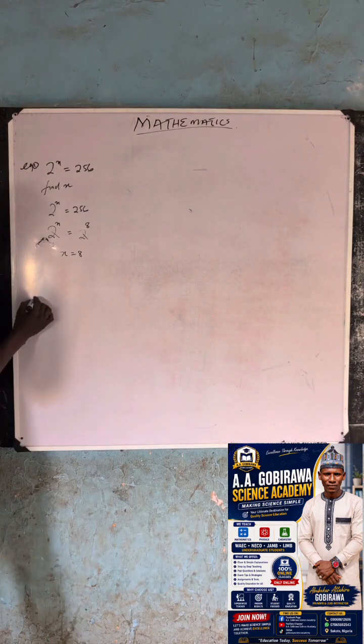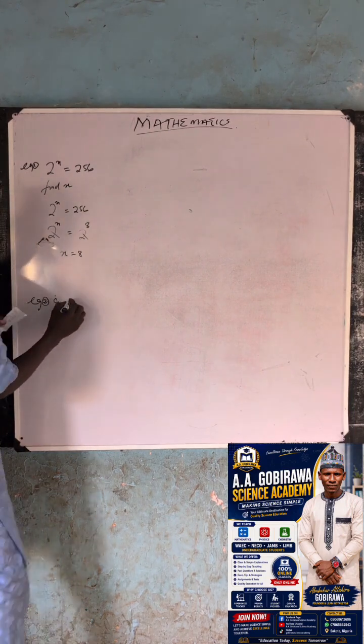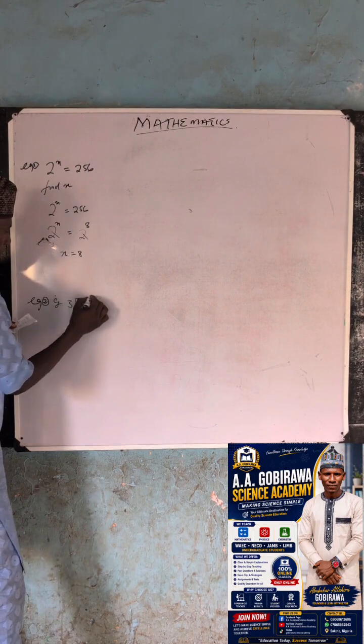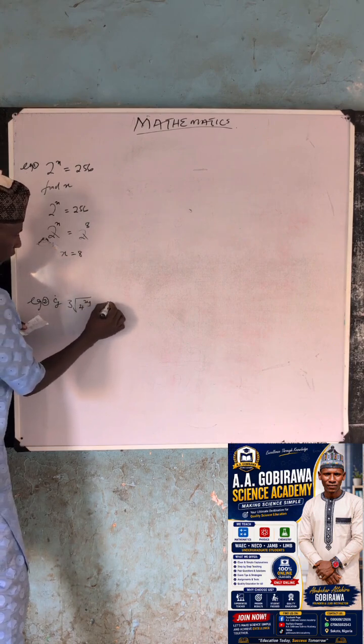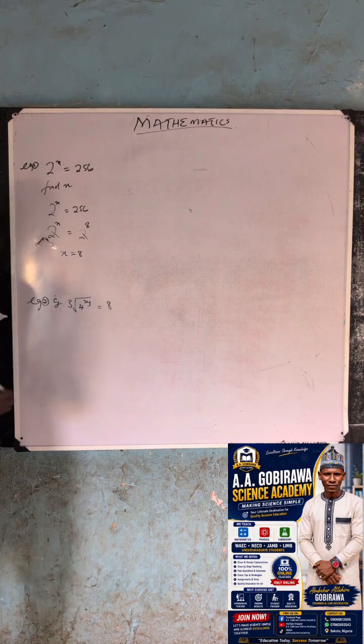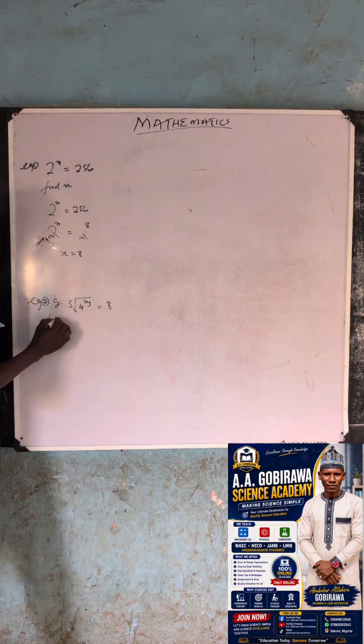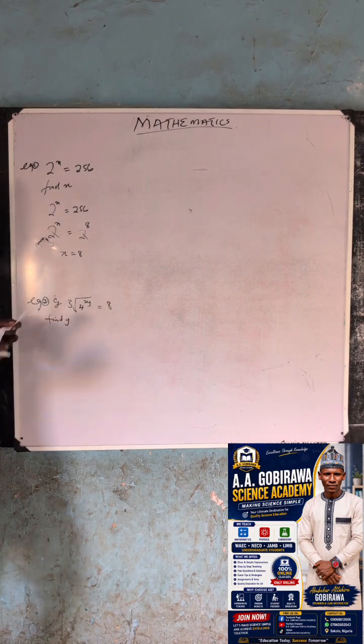Example number 2. If we have 3 cube root of 4 power 2y is equal to 8, then find y. Ko ba haka ba?